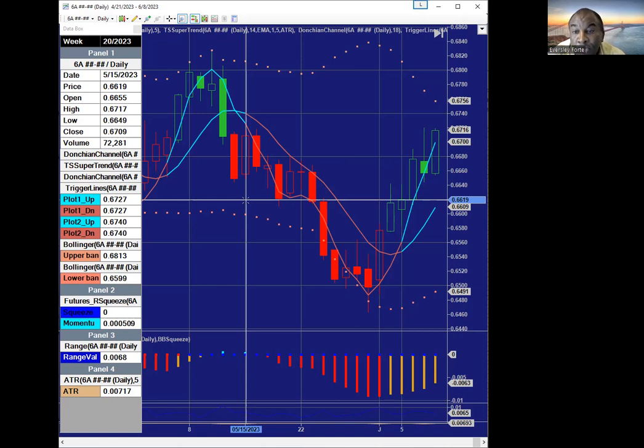Remember, for the micro contracts, one tick is $1. So what I've just calculated tells me that if I take a full loss on this one contract, I will lose $88. Okay, that's what it's telling me.